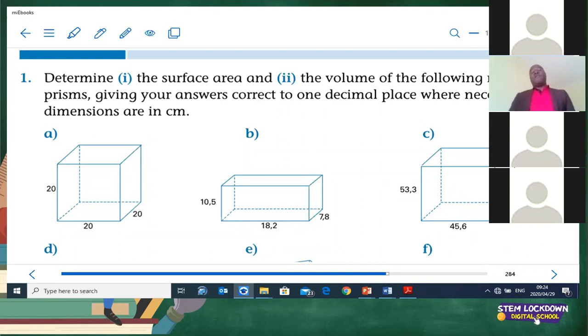This is where the formula to calculate the surface area of a rectangular prism comes in.